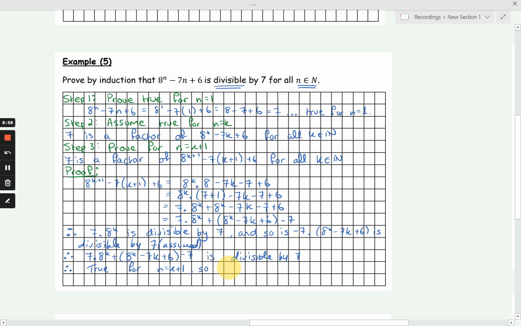So it's true for all values of n when n is a natural number, where n is an element of N. Okay? So again, guys, I want you to pause the video here to take a second to add example 5 into your notes before we move on to example 6.